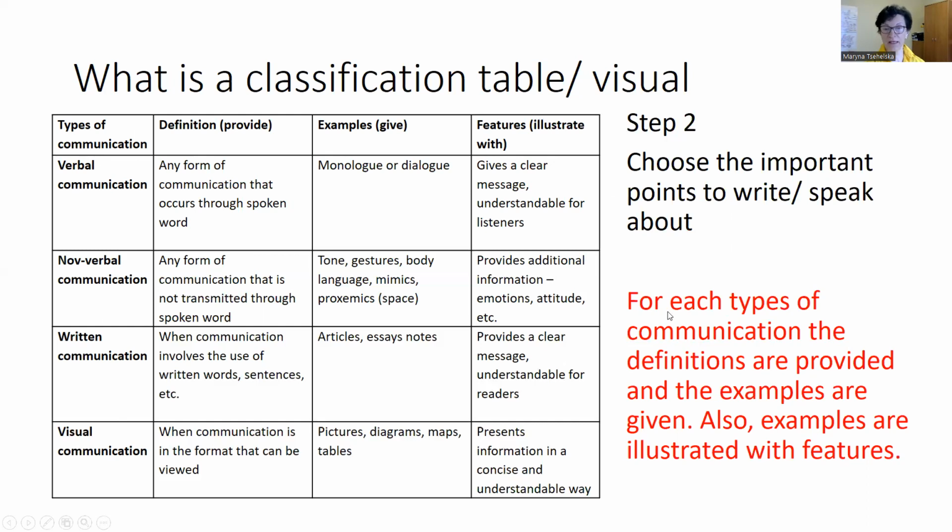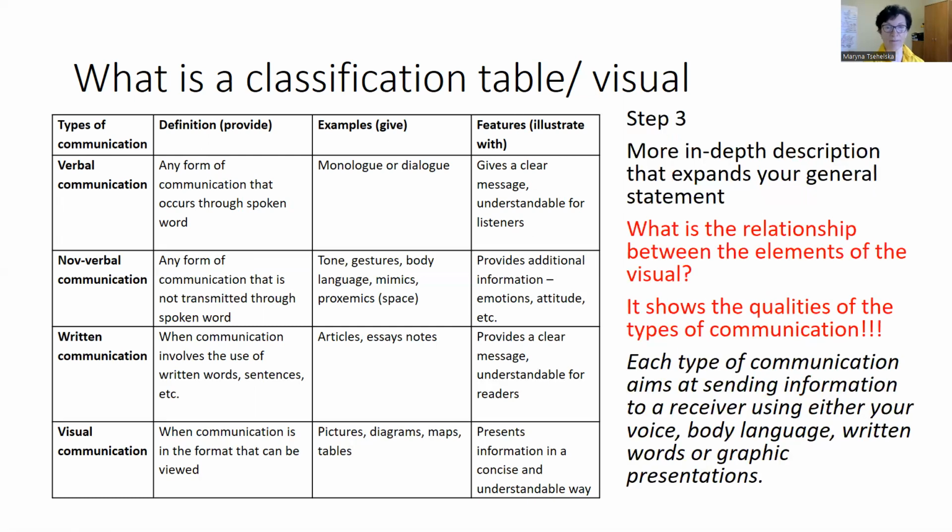So we may say that for each type of communication, the definitions are provided and the examples are given. Also, examples are illustrated with particular features. You see that here we talked about the types and how the types are presented in the table.